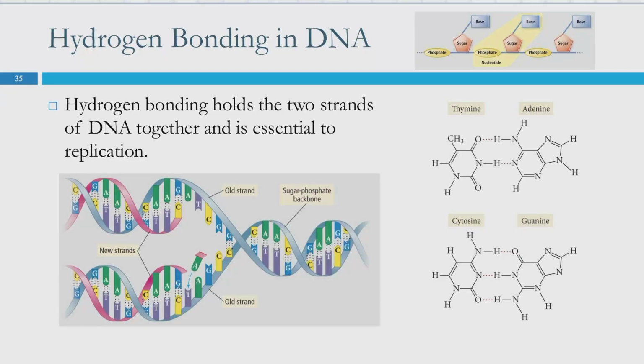Hydrogen bonding also exists in DNA. This is what keeps your DNA together. It might be nice to know that hydrogen bonding exists in DNA. You don't need to know how the base pairs work or what their letters are. But we've got a couple of base pairs that form these hydrogen bonds.